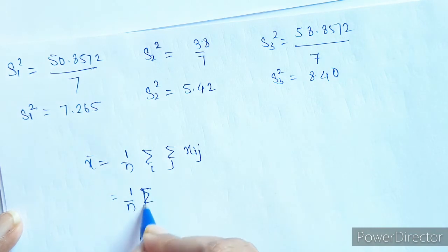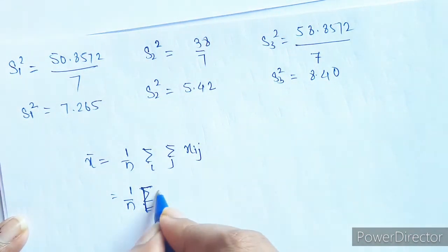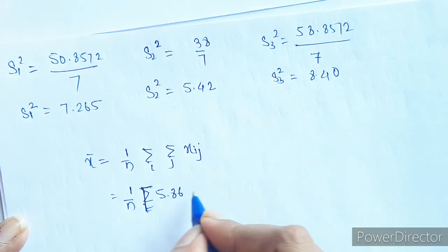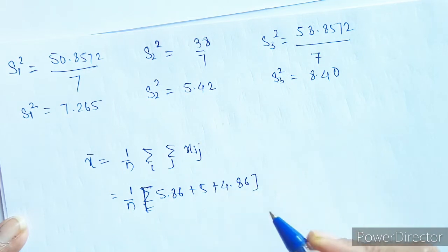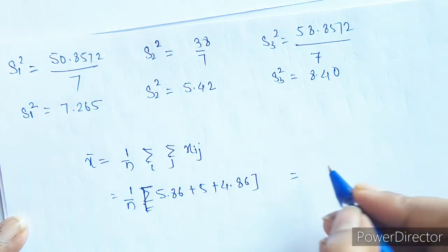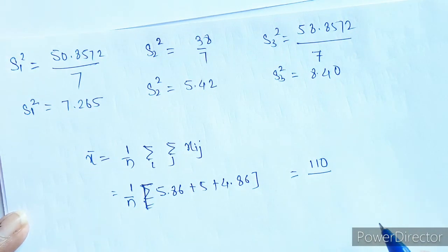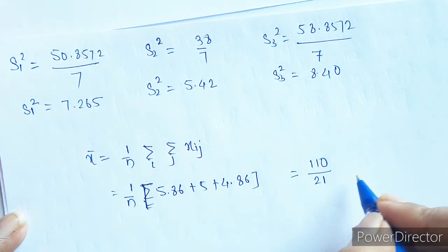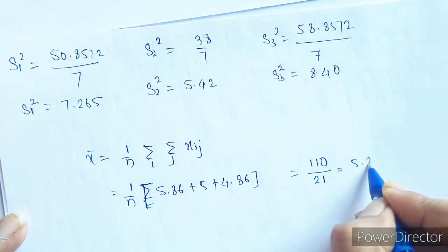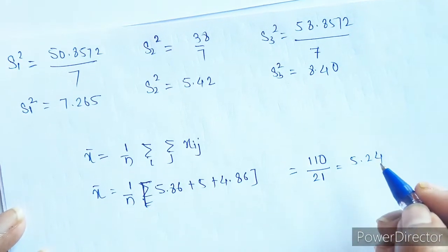So let me directly take this instead of calculating it again. So the first mean what we have is 5.86, the second one is 5 and the third one is 4.86. The total in this case is 110. The total number of terms we have is 21, that is 7 from each class. So 7 plus 7 plus 7, which is equals to 21. So after dividing this, what we are getting is 5.24. So our x bar in this case is 5.24.